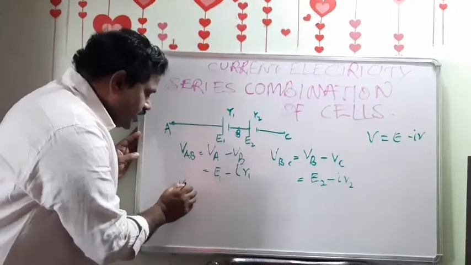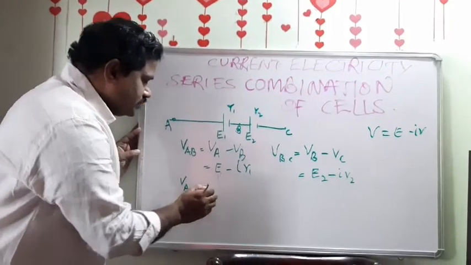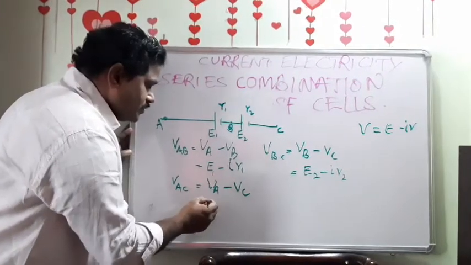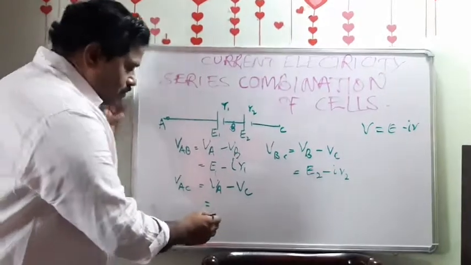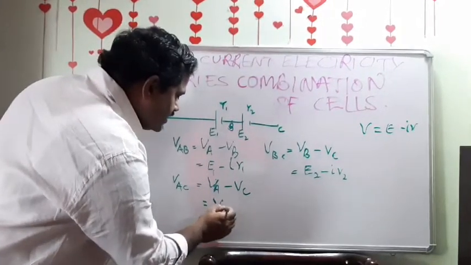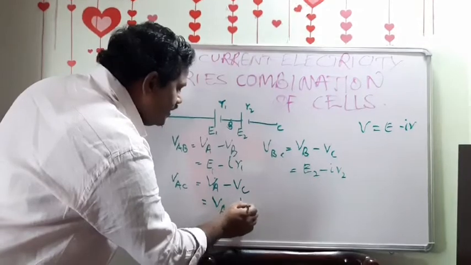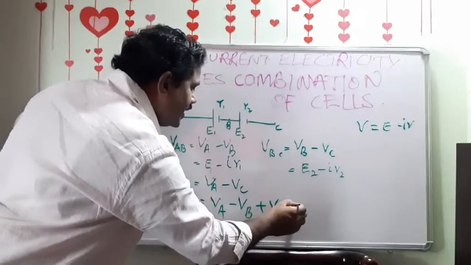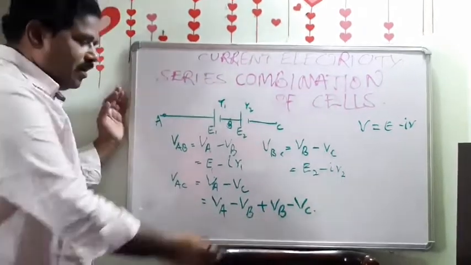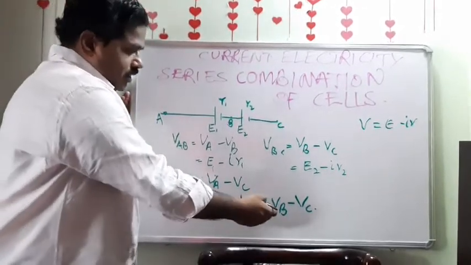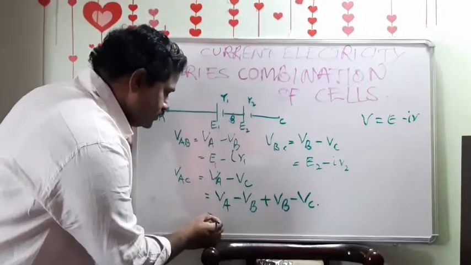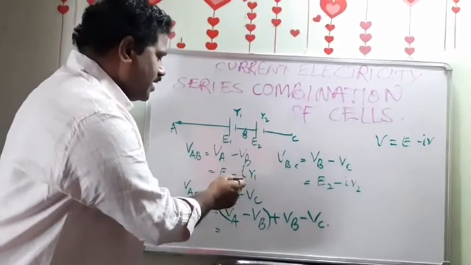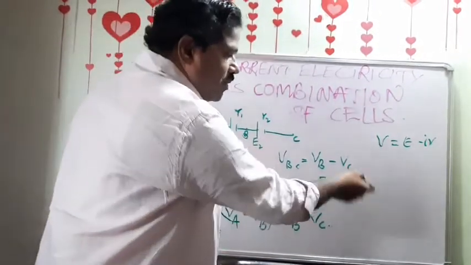Now if we want to calculate VAC, which is nothing but VA minus VC, we can write it as VA minus VB plus VB minus VC. I have added minus VB and plus VB. Now VA minus VB is E1 minus IR1, and VBC is E2 minus IR2.